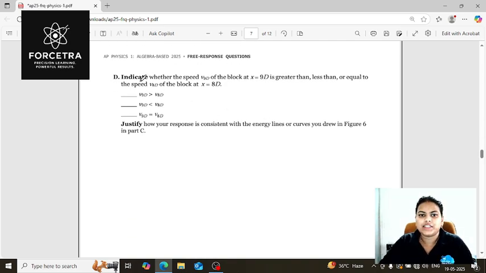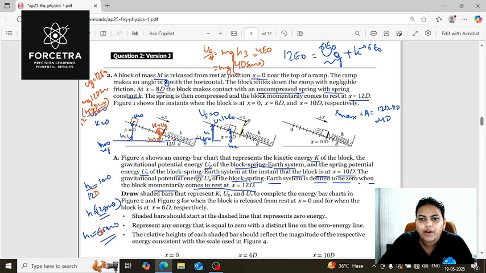Let's see the part D. Indicate whether the speed of the block at x equals 9d is greater than, less than, or equal to the speed of the block at x equals 8d. So this point is 8d and this point is 9d.